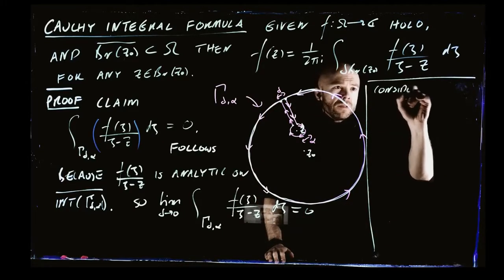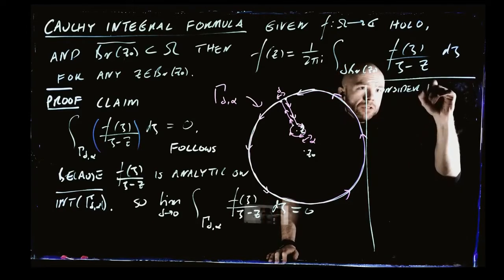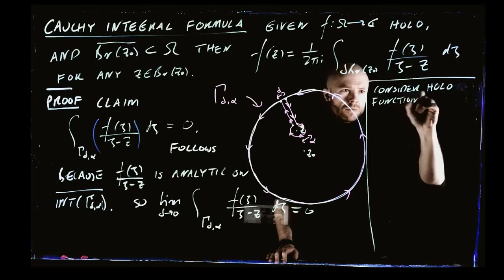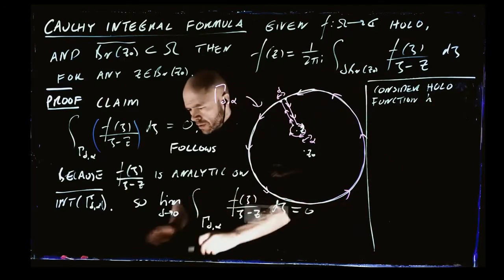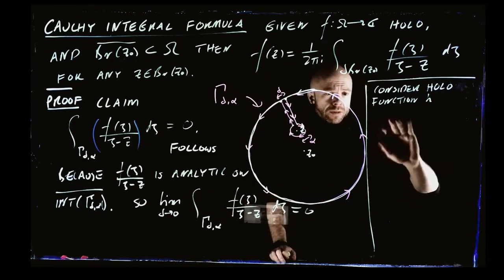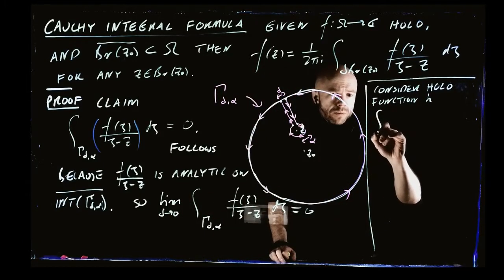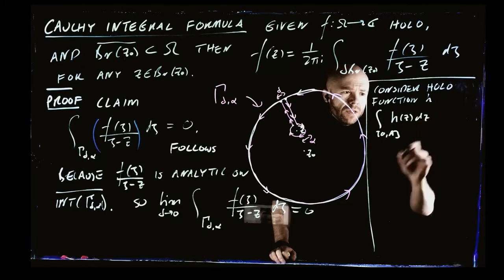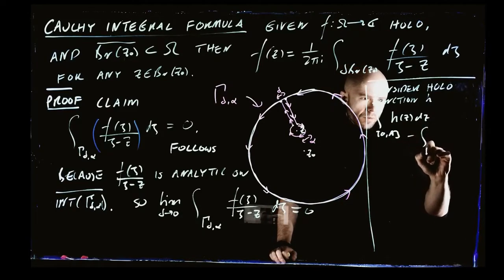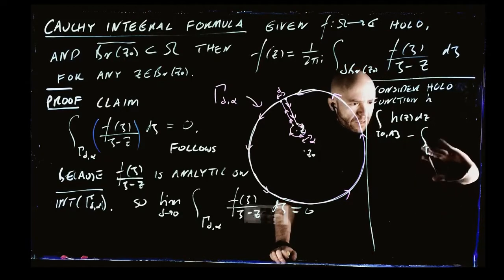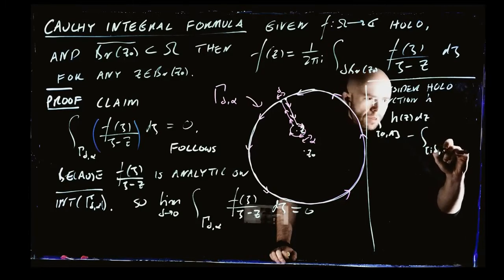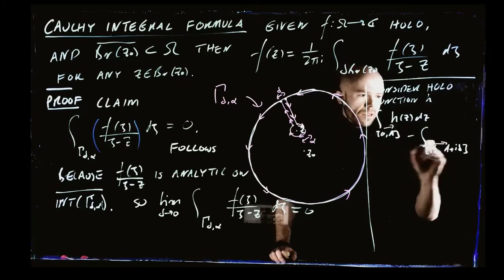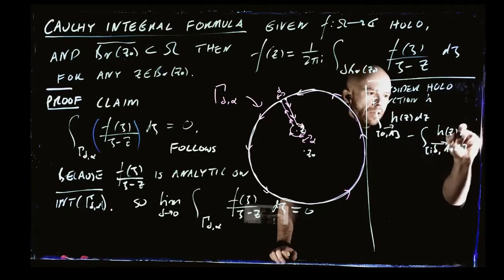Consider a holomorphic function h, where we take the integral from, say, 0 to some a of h of z dz, minus the integral from I times delta to a plus I times delta, going in this direction, of h of z dz.